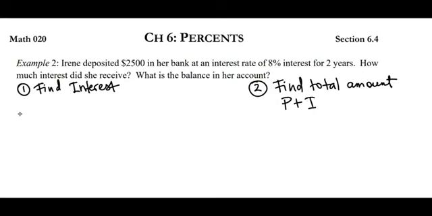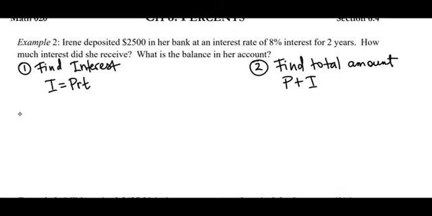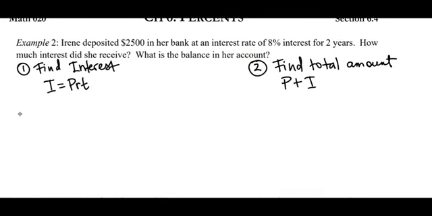All right, so to find the interest, we are going to use I equals PRT. All right, so let's double check what values we have. So she deposited 2,500 in her bank, that's our P. Interest rate is 8%, so R equals 0.08, and then T equals 2 years. So those are our values.